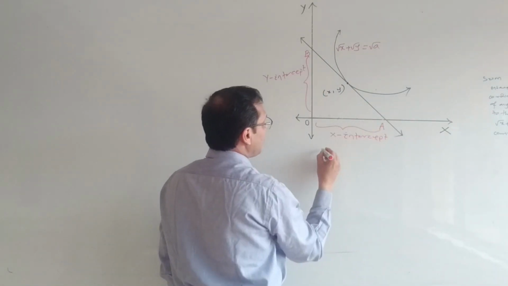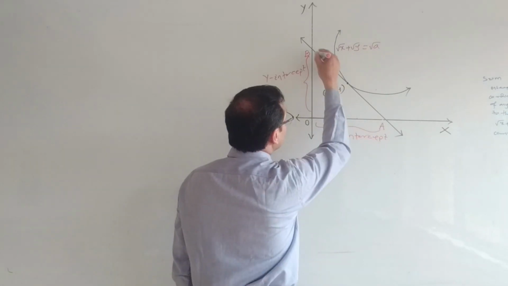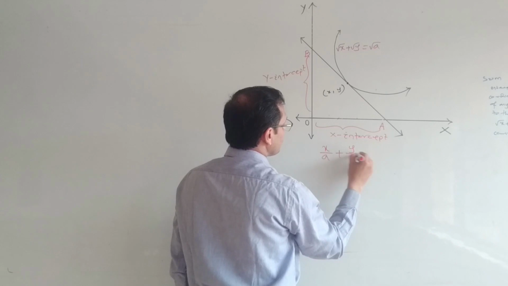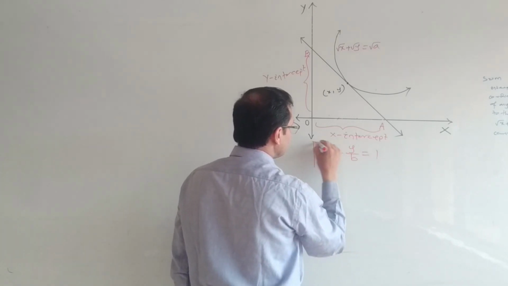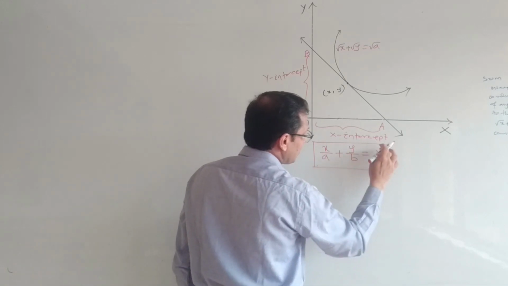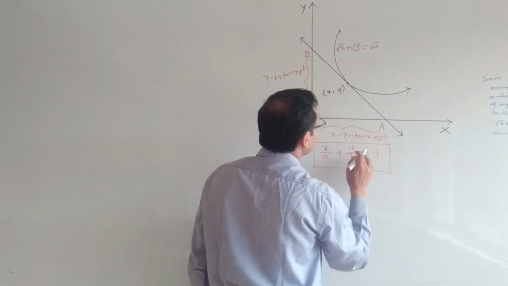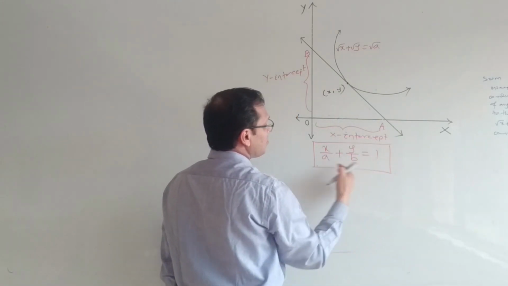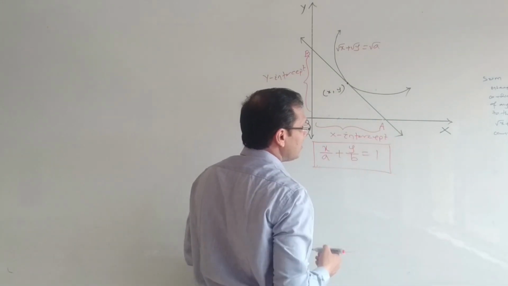You can find this by the intercept form of the equation of the tangent, that is x by a plus y by b equals 1. This is the equation of the tangent in intercept form, that means the right hand side should be equal to 1. So you have to find the equation of the tangent first, then convert that equation into intercept form.